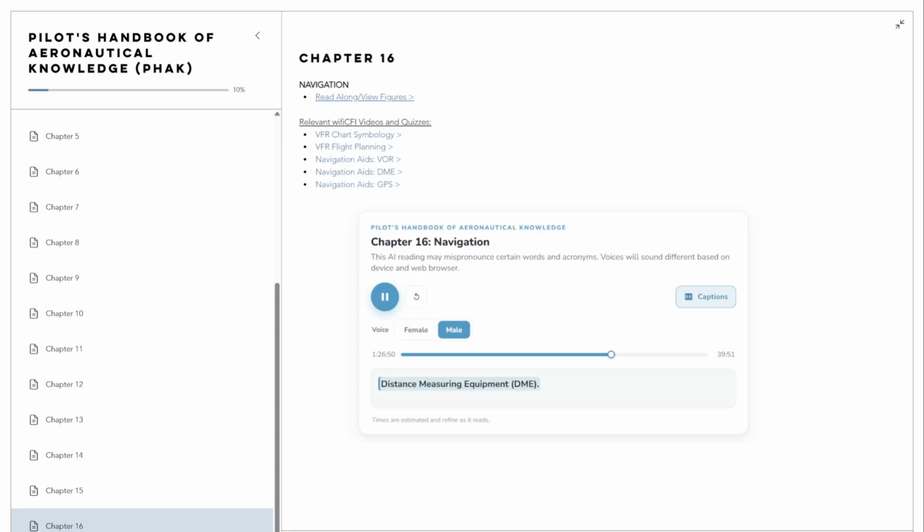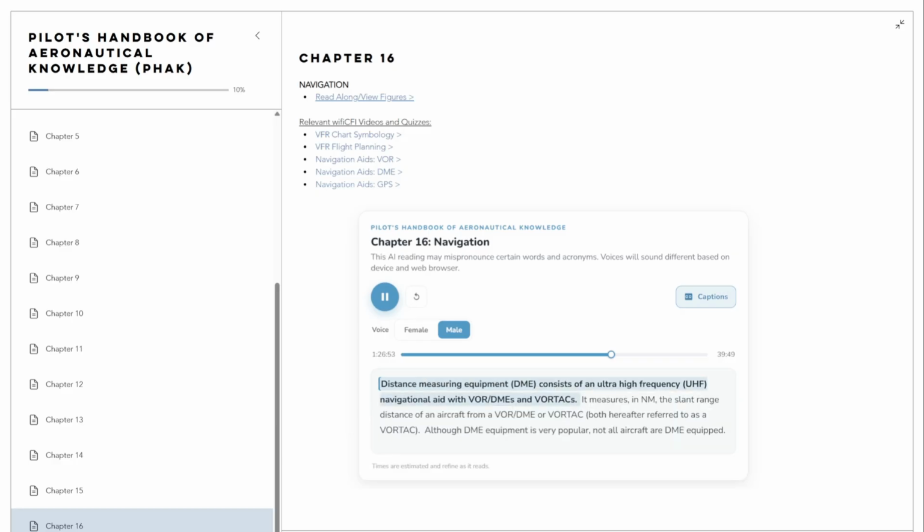Distance measuring equipment, DME. Distance measuring equipment, DME, consists of an ultra-high frequency, UHF, navigational aid with VOR/DMEs and VORTACs. It measures, in nautical miles, the slant range distance of an aircraft from a VOR/DME or VORTAC, both hereafter referred to as a VORTAC. Although DME equipment is very popular, not all aircraft are DME equipped.